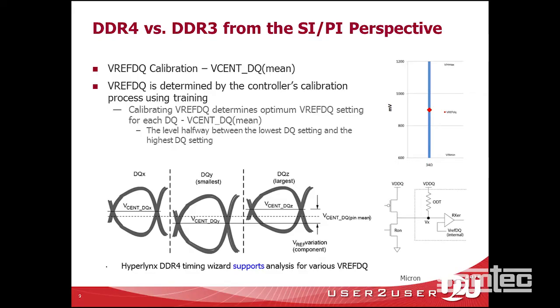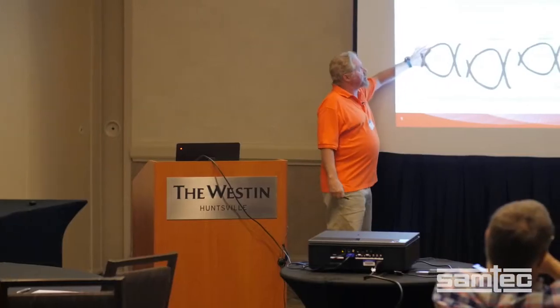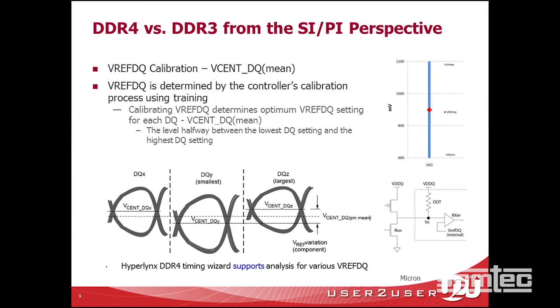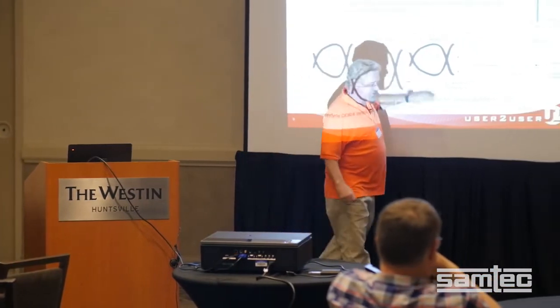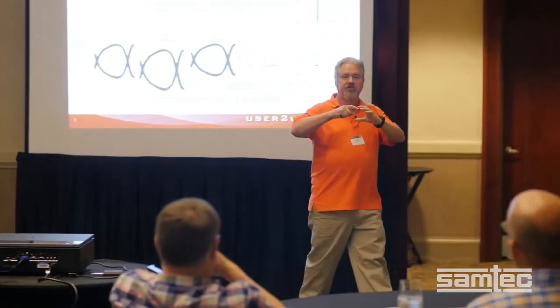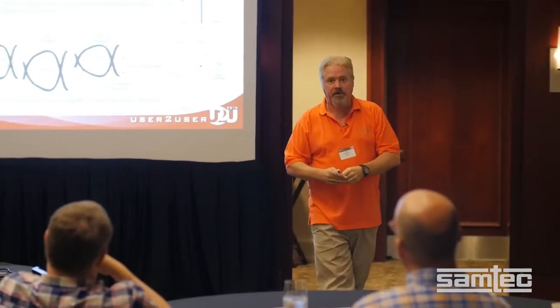And then, they changed this a little bit. They now do the calibration, they call it V-center of the DQ. So they move what the center is. In other words, where do you put the switch point? You've got an eye, do you put it up here, down here? And it does that dynamically.